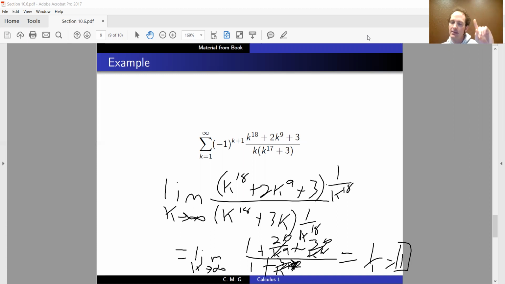Wait a minute. The limit should have been 0 if this thing was convergent. So this series diverges. Basically, as we get bigger and bigger with the k's, I'm getting closer to 1 and -1. And so as I'm adding all the terms together, I'm just bouncing between adding 1, subtracting 1, adding 1, subtracting 1.